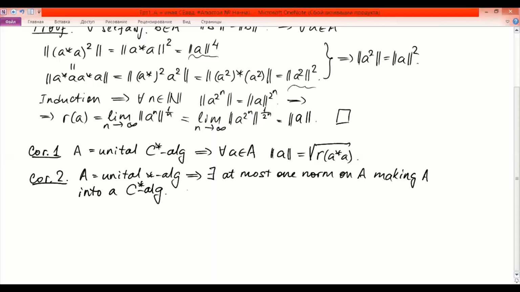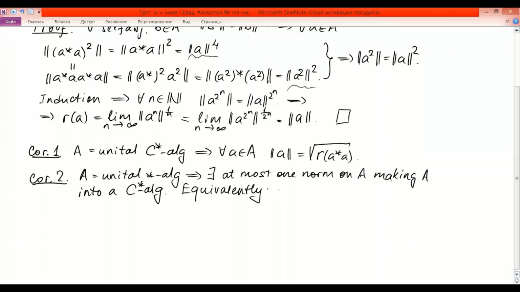Equivalently, this means that each unital star homomorphism between unital C-star algebras is isometric.